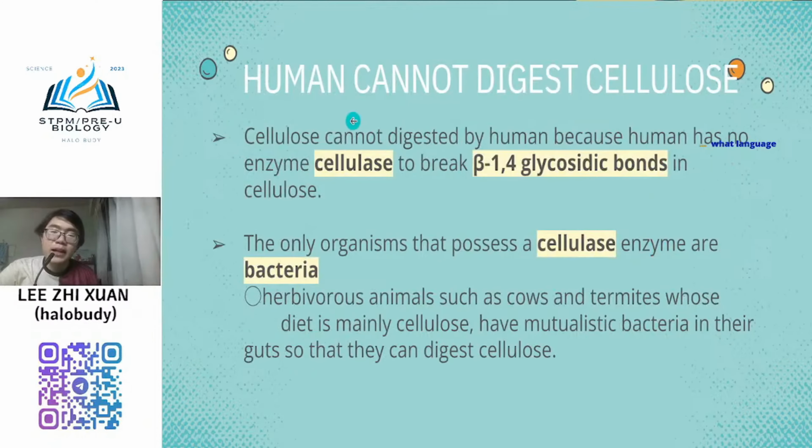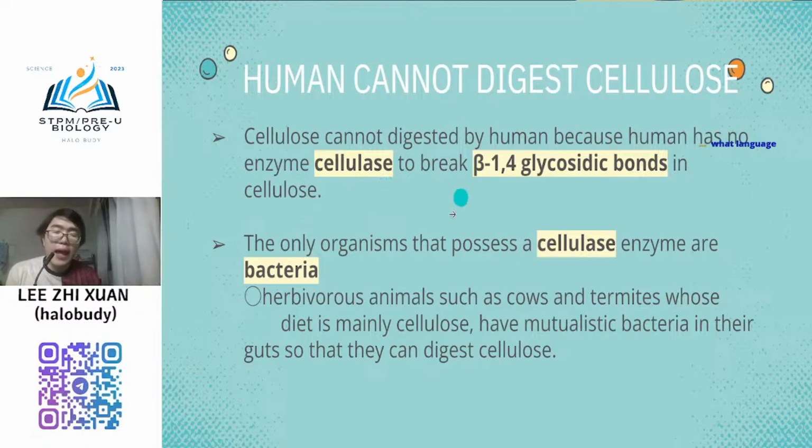And humans cannot digest cellulose. One of the reasons is that we do not have cellulase. Only some animals have cellulase, but humans cannot secrete cellulase. Our body cannot produce cellulase.